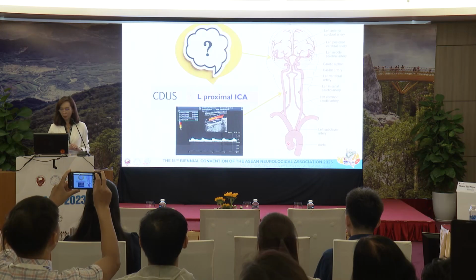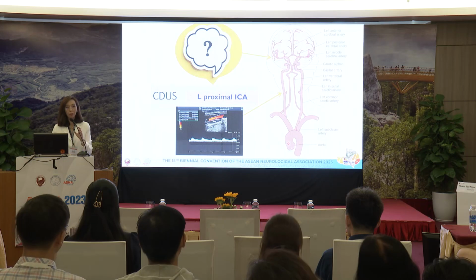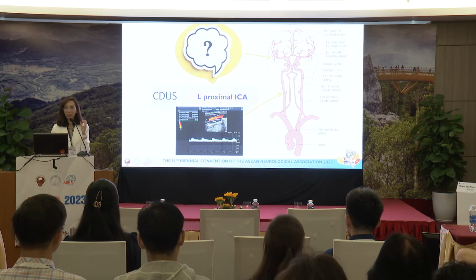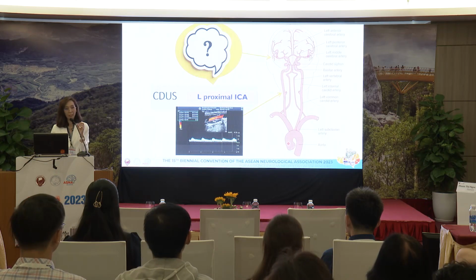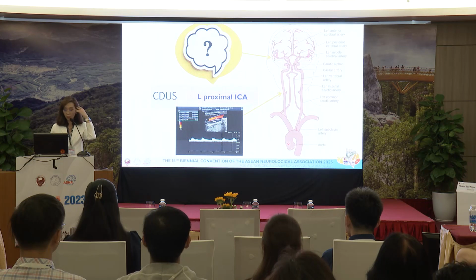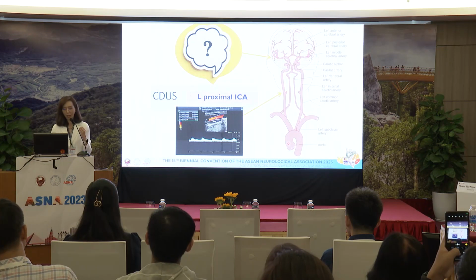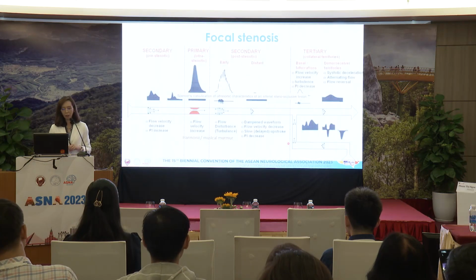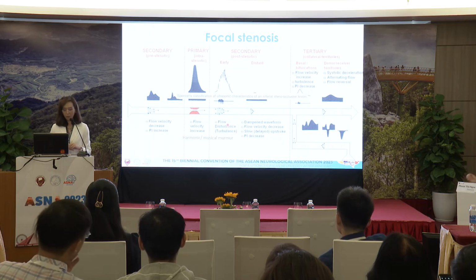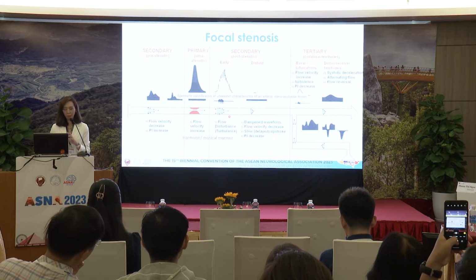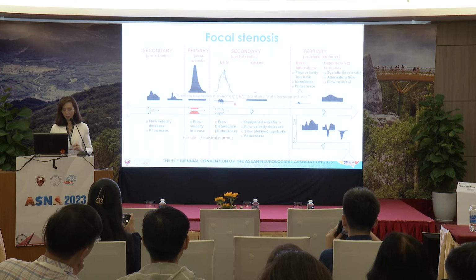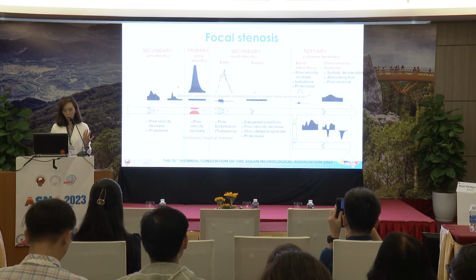So coming back to the patient that we're having, we're thinking that maybe she's having a stenosis of the middle cerebral artery. So we perform TCD. What do we expect to see if she really has a stenosis? If you do TCD for the middle cerebral artery, if the patient is having a stenosis, you will be looking at the MCA like this, right?